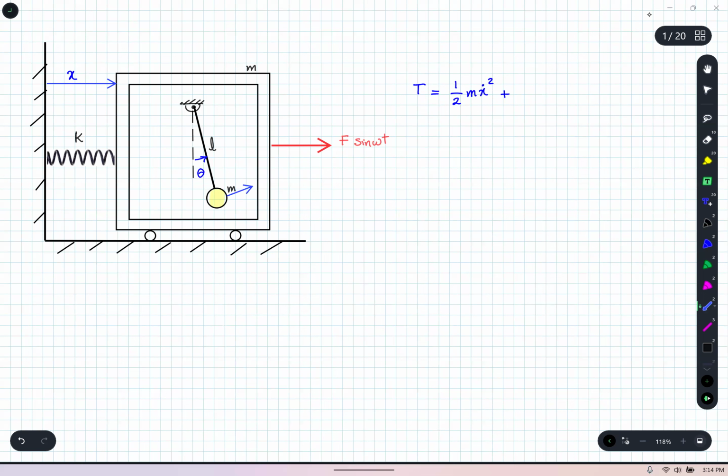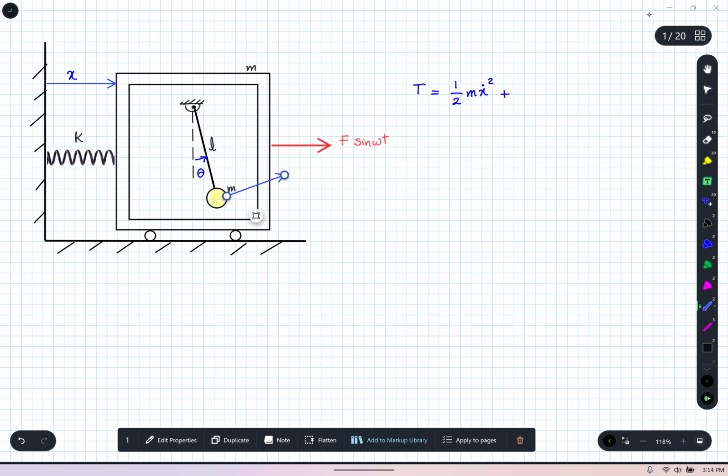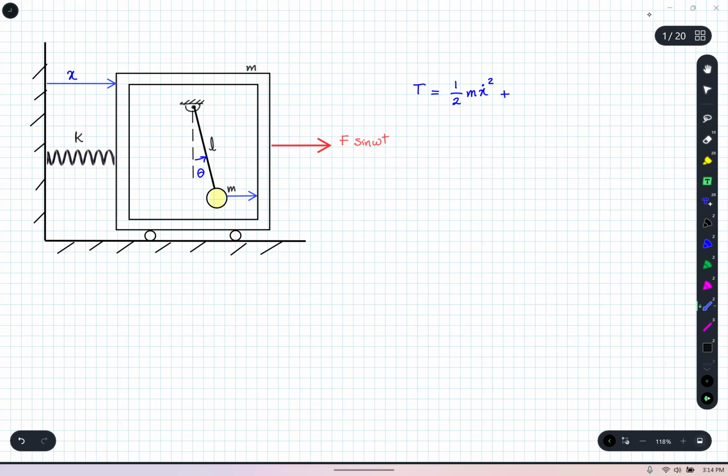Obviously, this pendulum's velocity, if I want to be accurate, is in that direction, perpendicular to the link of that pendulum. However, since its vibration theta is small, I can assume that the velocity is almost horizontal.